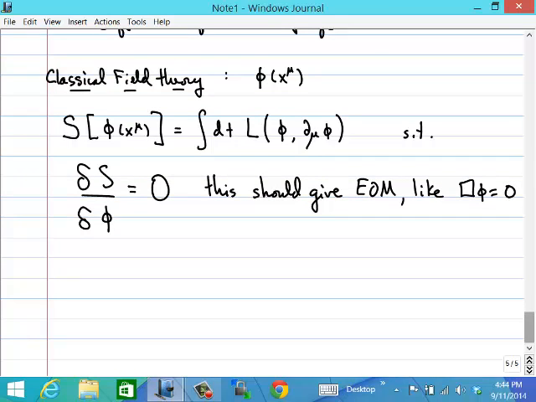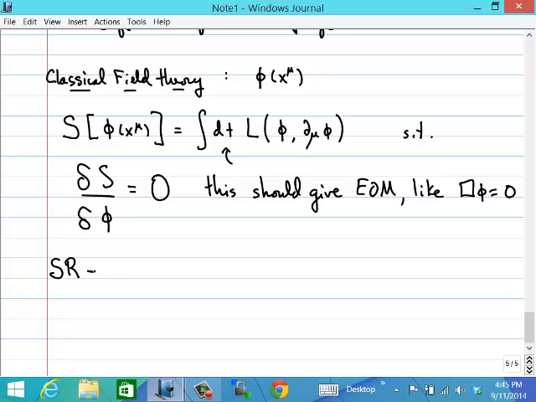Okay. Well, the first thing that we see here is that this formula that I've written down where S is an integral dt of a Lagrangian is all well and good, but it certainly doesn't treat space and time on completely equal footing. If you're going to integrate dt, then you should integrate over all of the spatial directions as well.